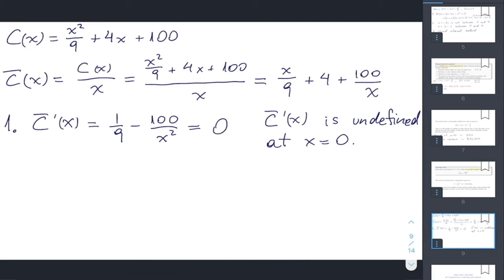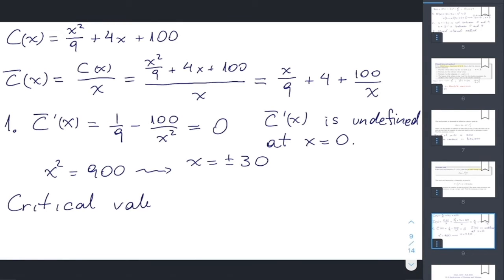On the other hand, this equation is equal to 0 when x squared is equal to 900, which is equivalent to say that x has to be equal to plus or minus 30. So the critical values are x equals negative 30, x equals 0, or x equals 30.